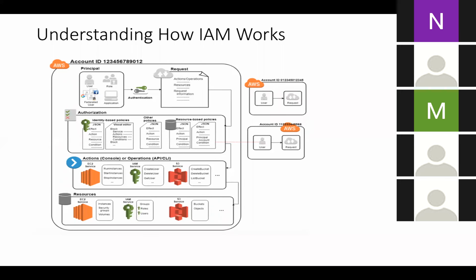Just keep in mind that not all resources have a resource-based policy available. S3 does, so you can have an S3 resource-based policy. Identity policies are against your user, and then we have something called an inline policy, which is very specific to that particular user. We'll talk about that one.